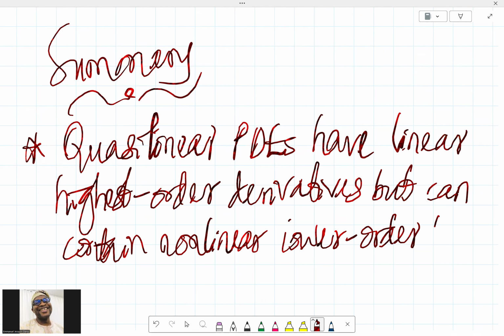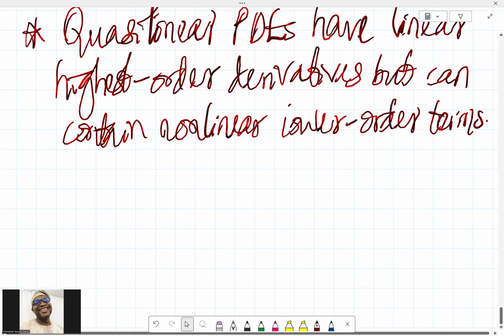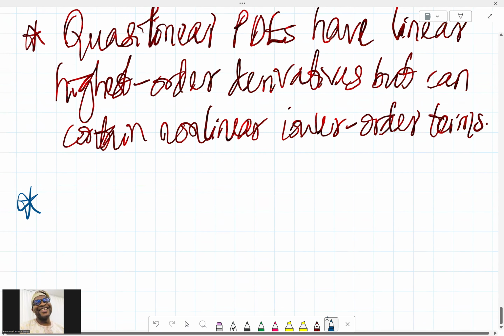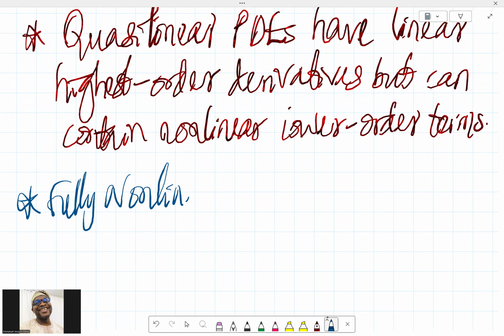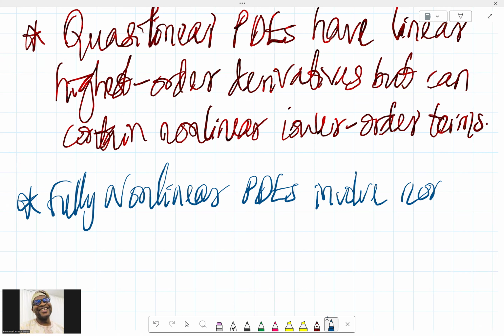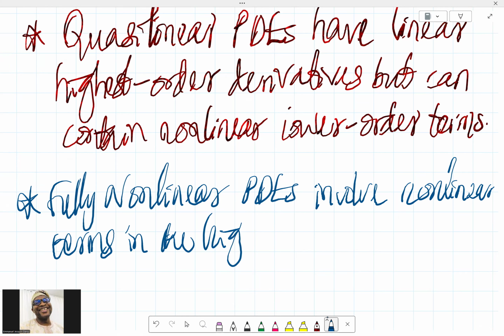Number 2, fully nonlinear PDEs involve nonlinear terms in the highest order derivatives.